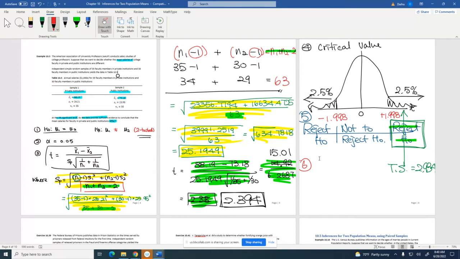Greater than? We interpret the alternative hypothesis. No, not greater than, not equal to. Because we have to interpret based on the alternative hypothesis, and the alternative hypothesis said different. So we can make the conclusion they are different.